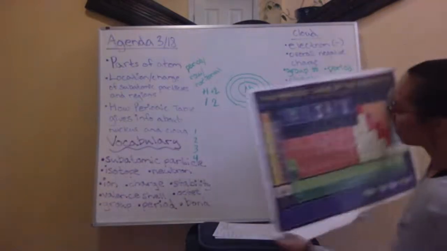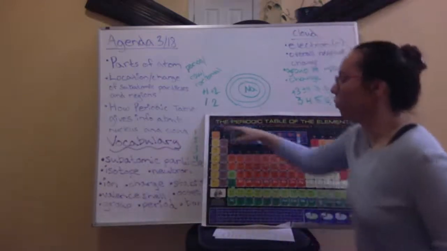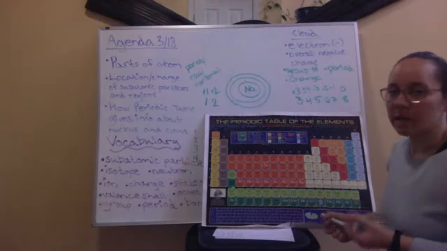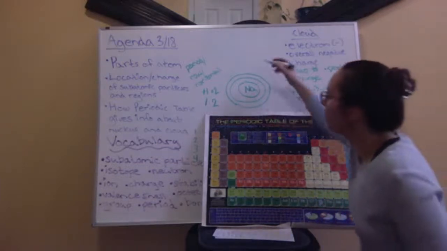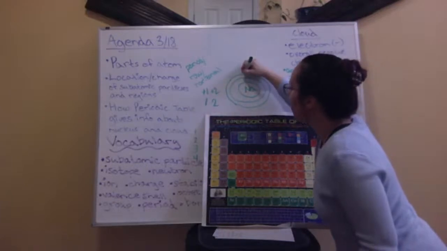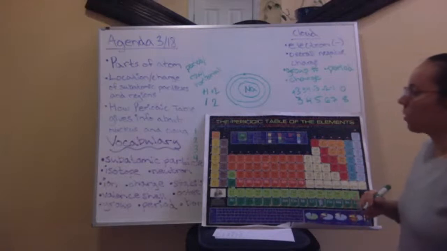Now, sodium is in group 1. So group 1 tells us how many valence electrons there will be. And so valence electrons means on the outer shell. So since we already know it's 1, I'm going to go ahead and just put it there just to see if we're right, if we build the model right.